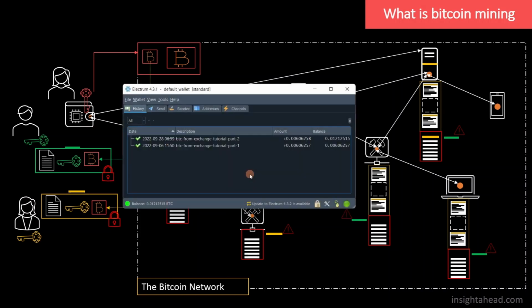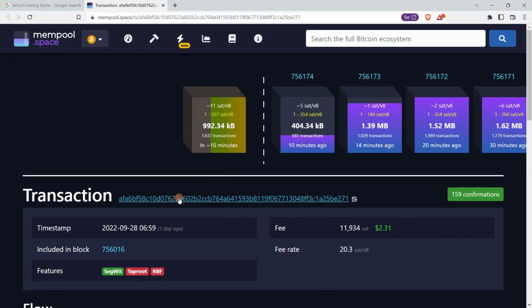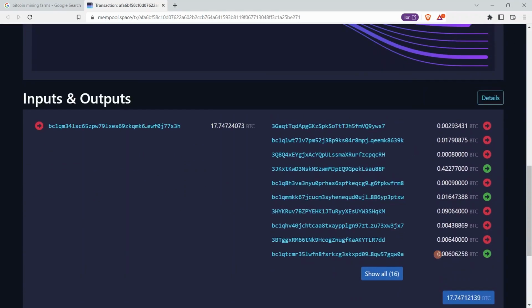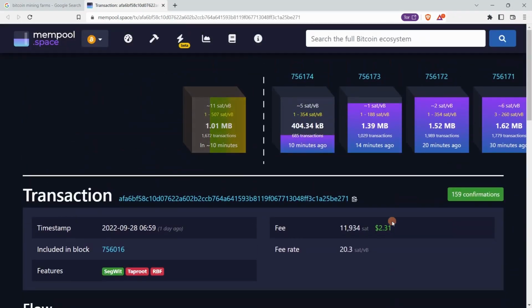And if we take a look into our wallet, we can right click on any of the transactions that we have previously and click on View on Block Explorer. This is our address where we were transferring Bitcoin from the exchange to our wallet. And over here, you can see that it is included in the following block.